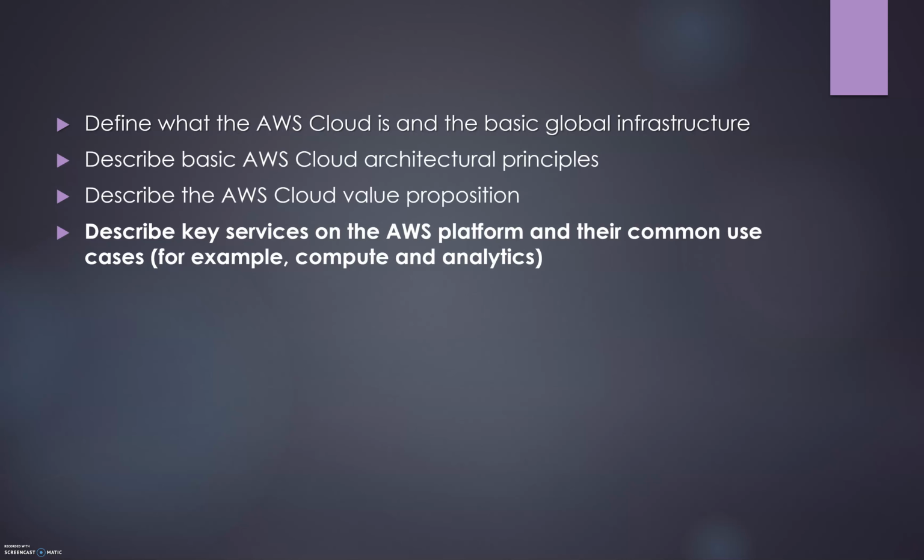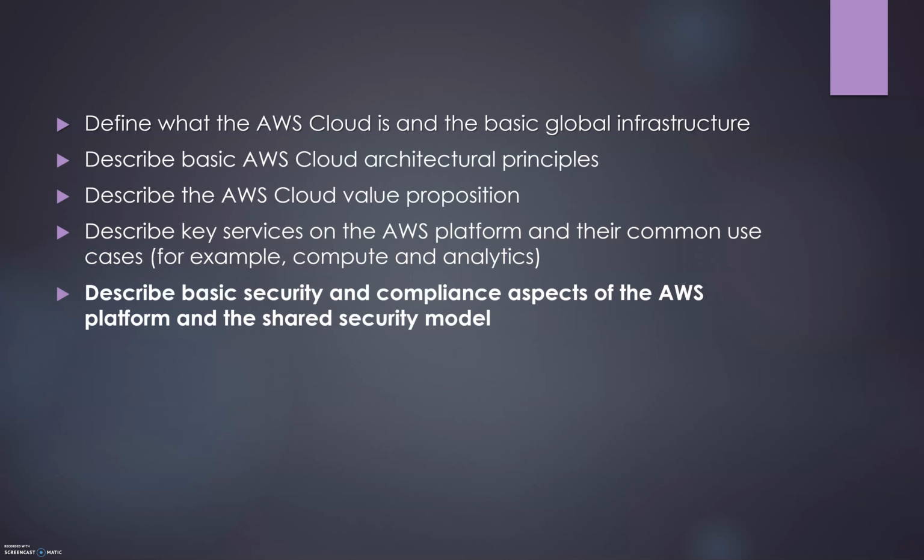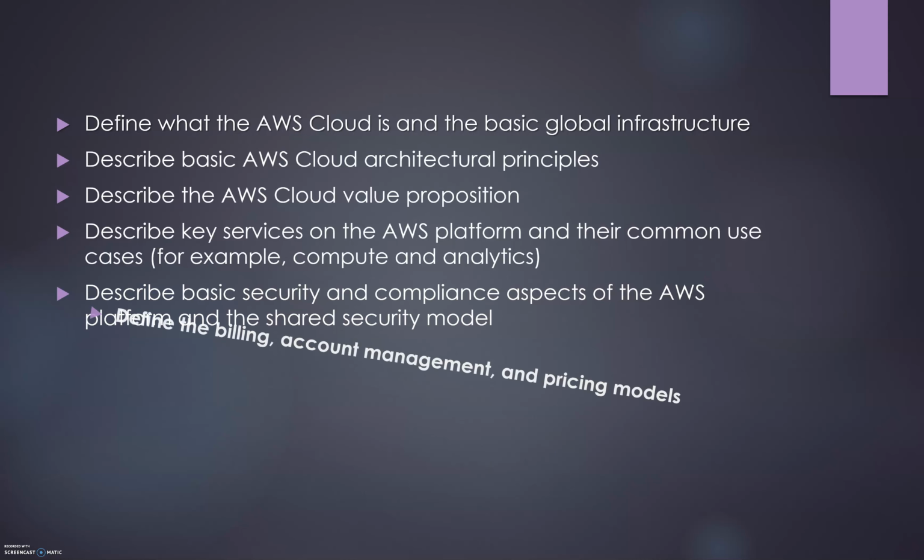As you get more into the detail, you'll understand what they're referencing when they talk about computing and analytics. Describe basic security and compliance aspects of the AWS platform and the shared security model.